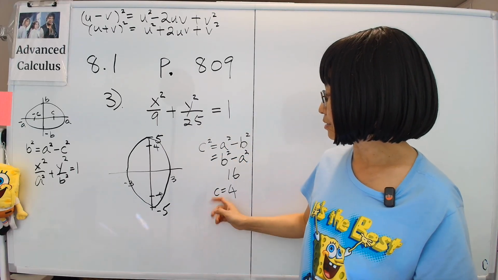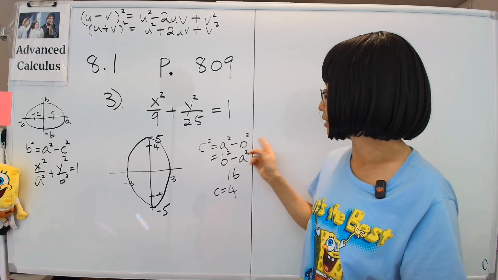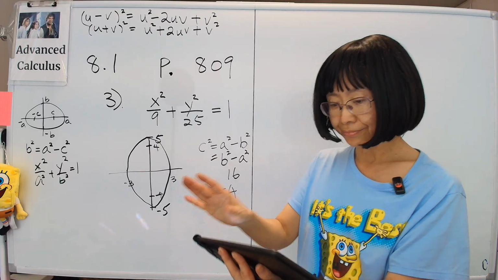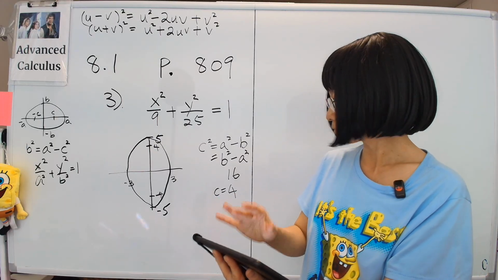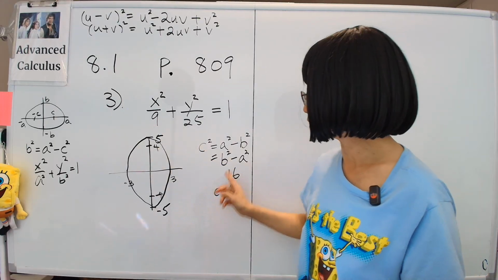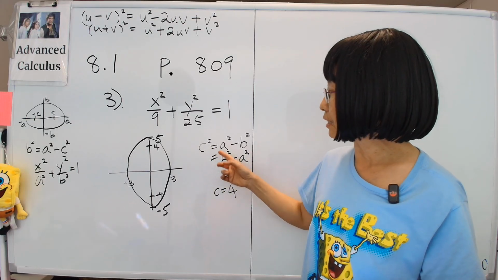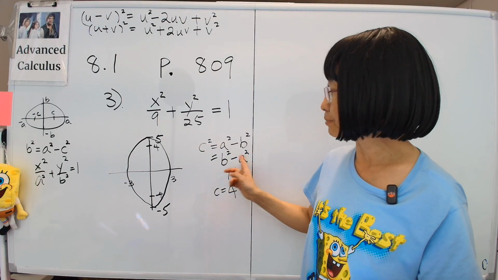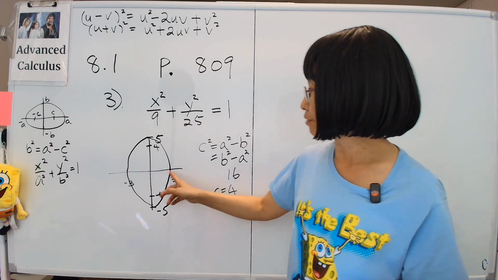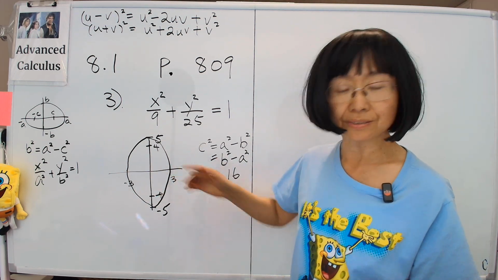Then c is calculated as some kind of difference. So that's example 3. If the ellipse is vertical, then c squared will be b squared minus a squared. In general, c squared is the bigger one minus the smaller one.